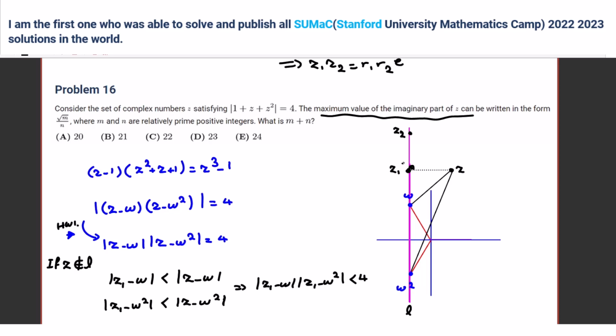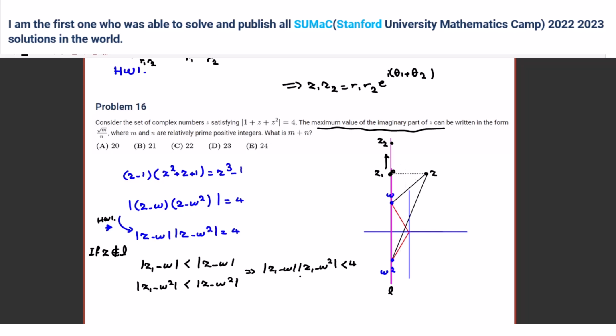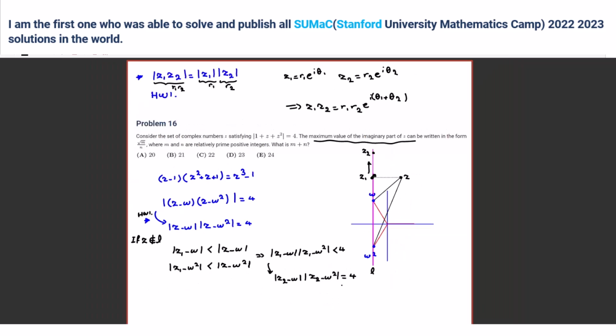Because when you move upward, this distance and this distance will be increased, right? So we can reach z2 such that z2 minus omega times z2 minus omega squared is equal to 4, right? And now, do you agree if you consider the imaginary part of z2 and the imaginary part of z1, which of them is greater? Z2.